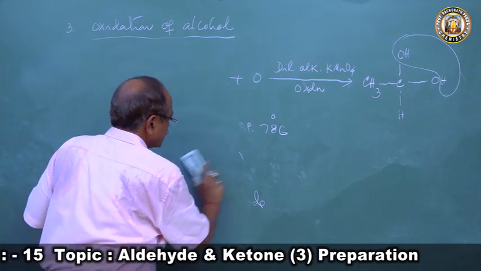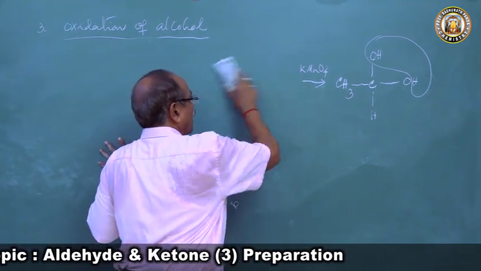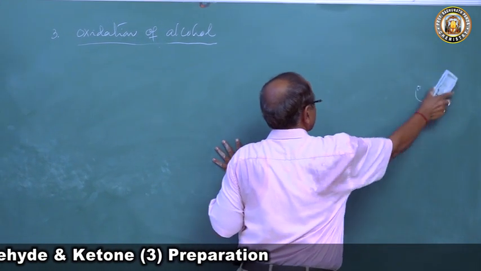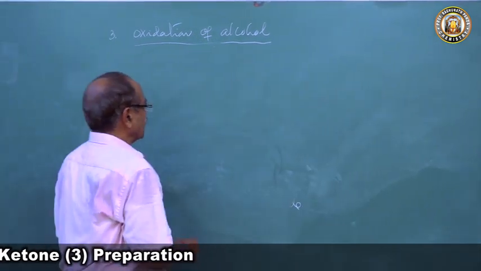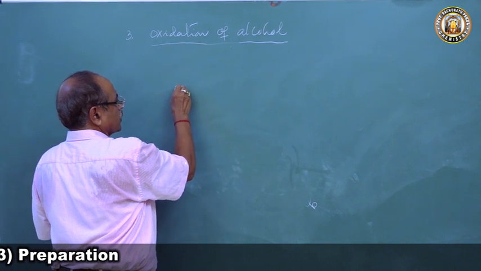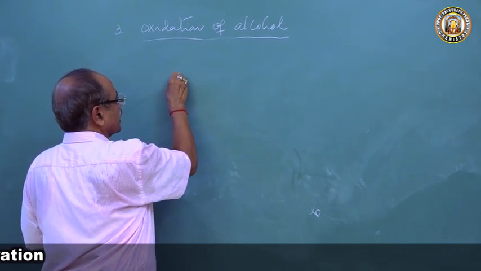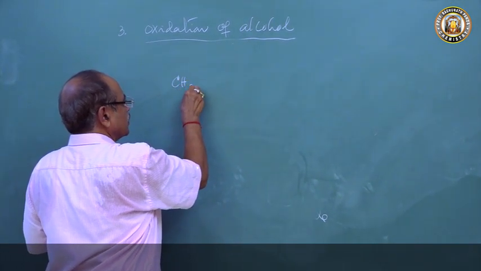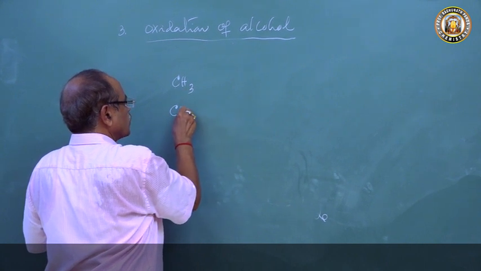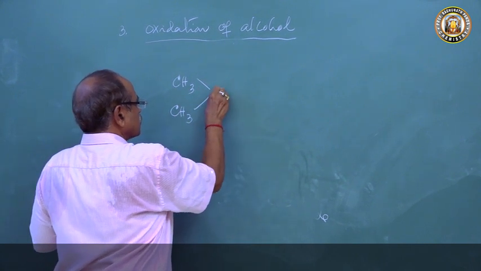Now the oxidation of the secondary alcohol: secondary alcohol on oxidation produces ketone. Suppose we want acetone, so we'll take isopropyl alcohol.